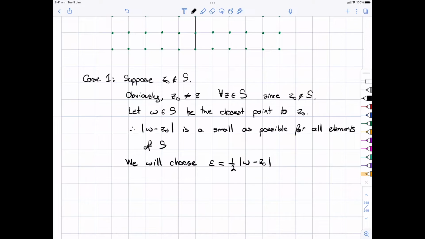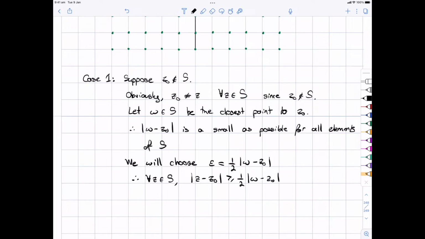And if W is not in the circle, it's the closest point. That means no other Gaussian integer could be within the circle. Okay, and so therefore we have, for all of our values Z in S, that the length of Z from Z0 would have to be larger than or equal to 1/2 of this length, W minus Z0.